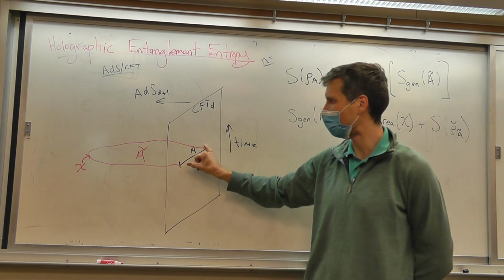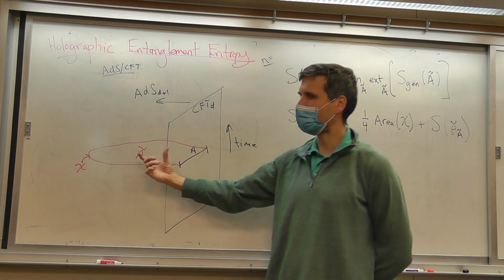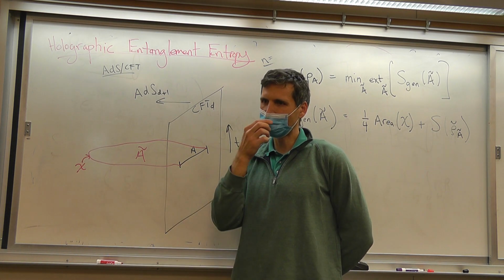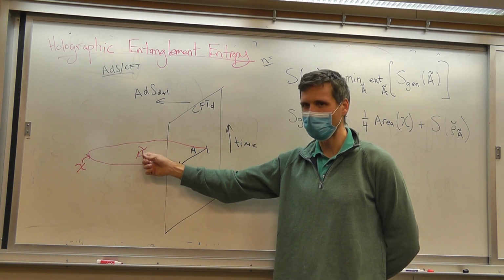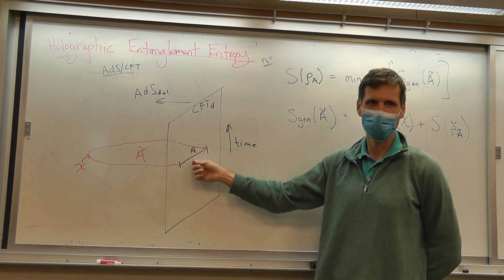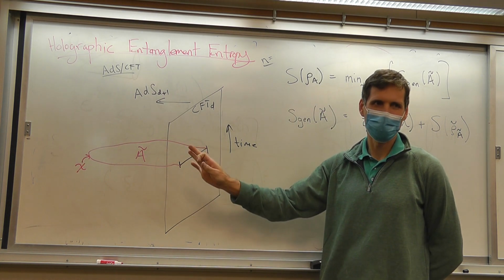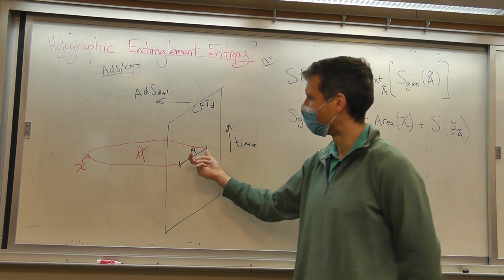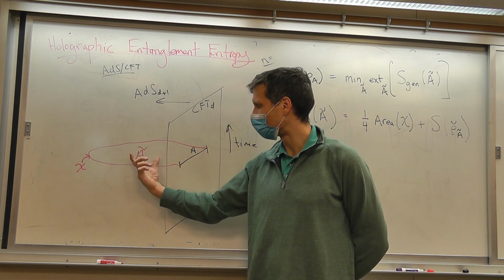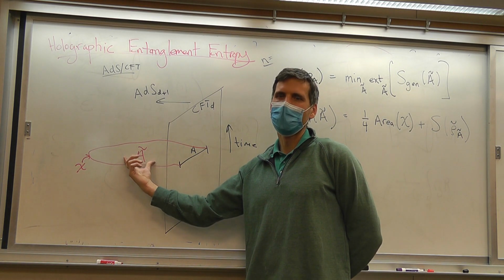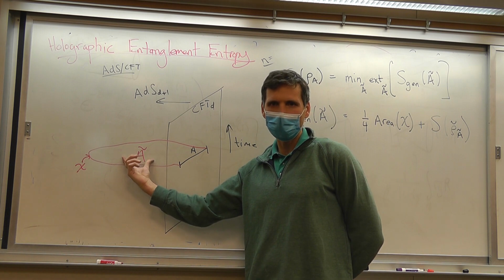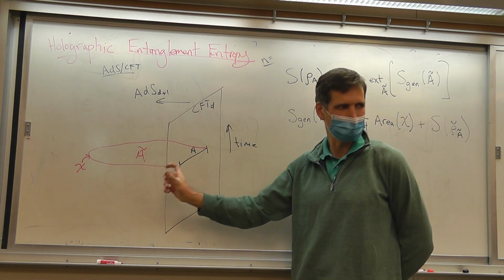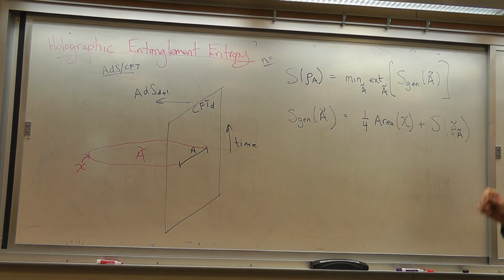So to every region on the boundary, there's an associated region in the gravitational theory in the bulk. And you should roughly think that region A tilde in the bulk is dual to region A in the boundary. Only roughly, though, and we're going to have to be careful. We're going to talk about that. But roughly, this is true. In particular, to say it more carefully, any physics in region A tilde is encoded in the density matrix rho A. That part is a carefully true statement.